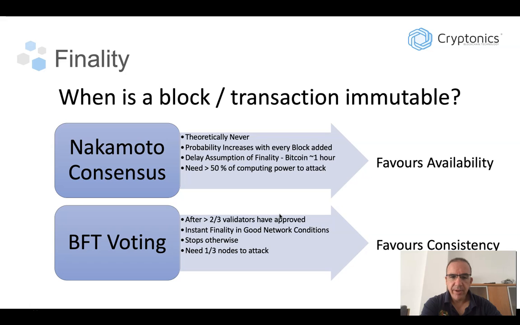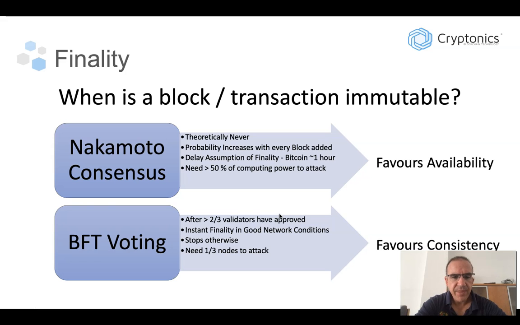And this is a difference in philosophy, which, it's always a trade-off. You can either do availability or consistency in situations where a network might partition or nodes disappear and come back. And that's called the CAP theorem. You cannot have partition tolerance, availability, and consistency at the same time. So in the presence of partitions, you have to choose between availability or consistency.